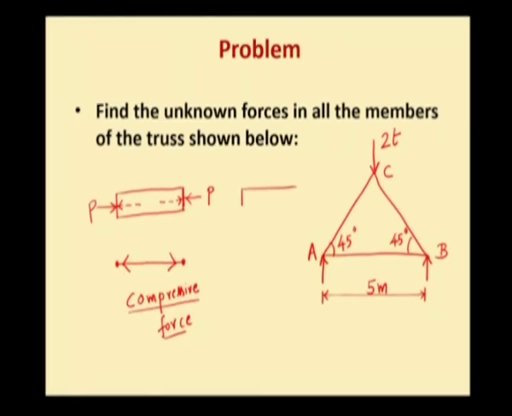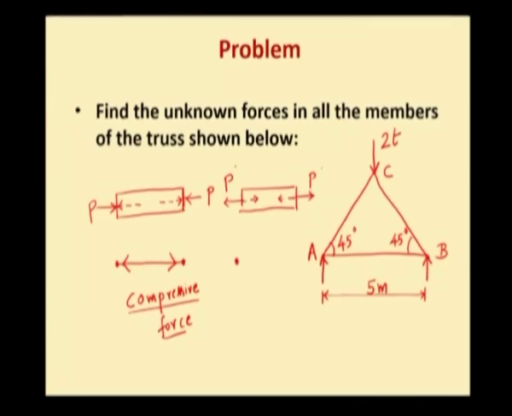Now, if a member is subjected to a tensile force of magnitude P, so this is a member which is subjected to tensile force of magnitude P. An equal and opposite reaction will be offered within the member. So, the reaction force will be exactly opposite to the applied tensile force. Now, this reaction force is offered for the stability of the member.